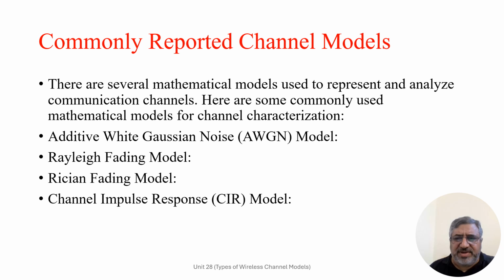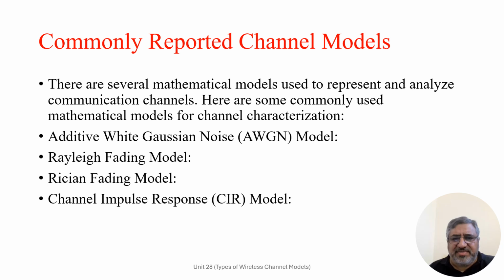This model is particularly useful for analyzing digital communication systems and is often employed in the analysis of error probabilities and capacity calculations. Another one is the Rayleigh fading model. The Rayleigh fading model is a statistical model used to describe the effects of multipath propagation in wireless communication channels.